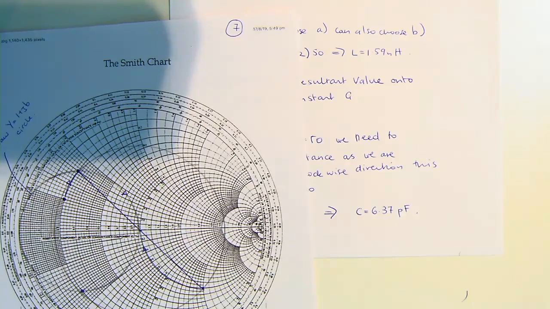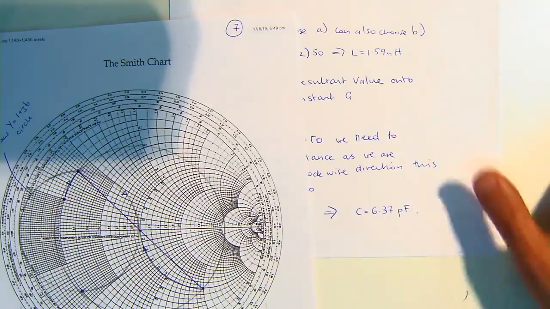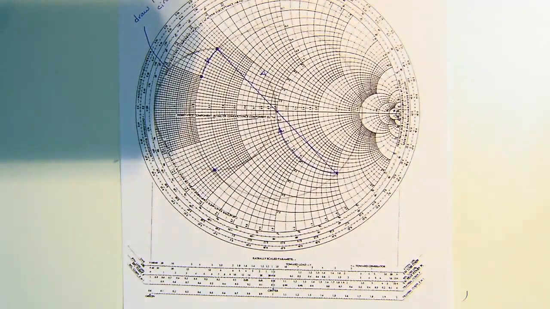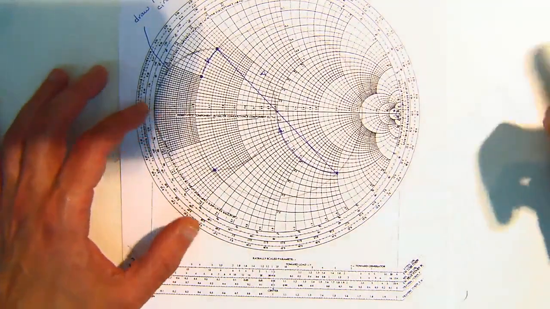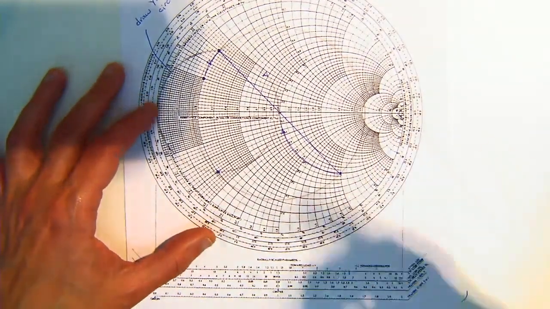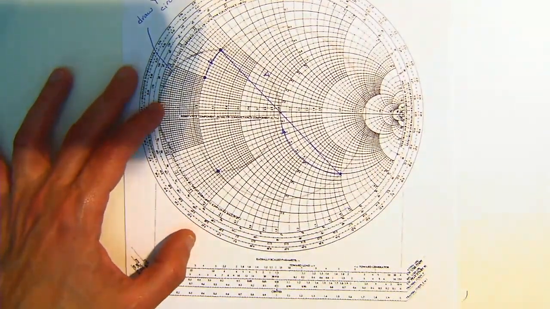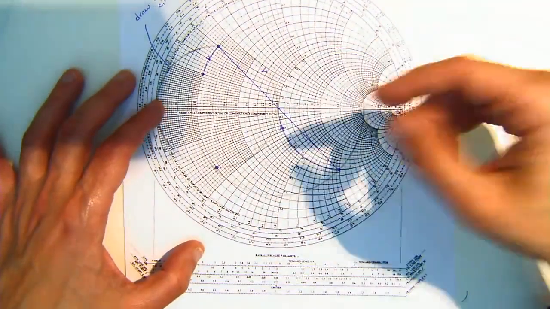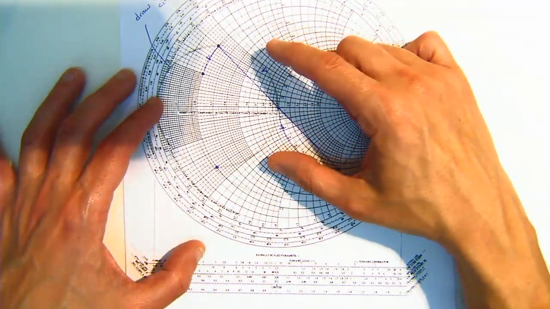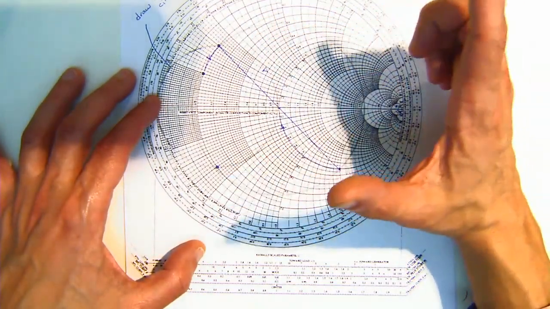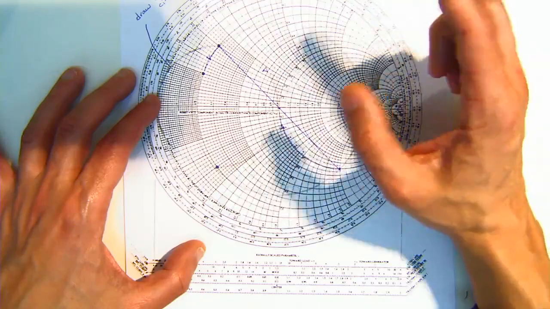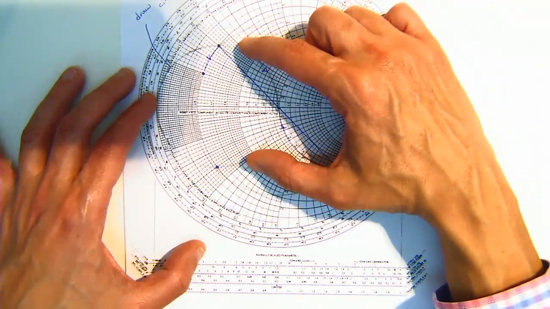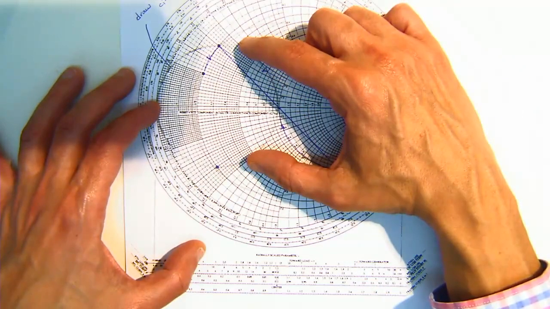So go through it. Really, I guess the only step that I haven't explained previously is that because we're going to be adding shunt elements, something in parallel, the easiest way to get a unique solution is to draw the circle 1 plus j beta for y.